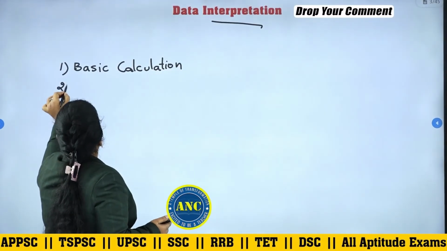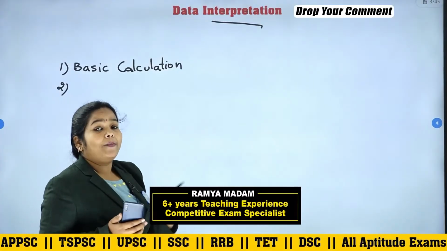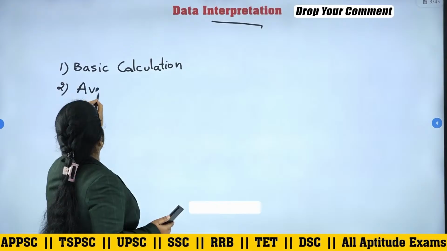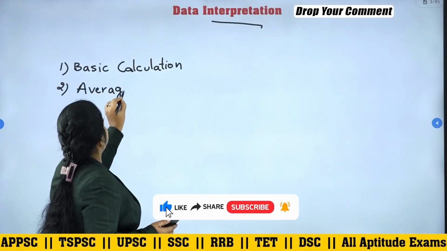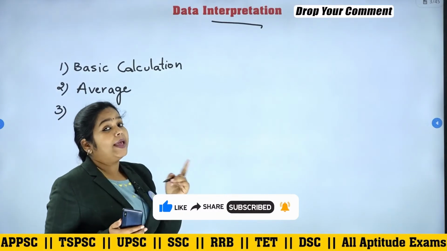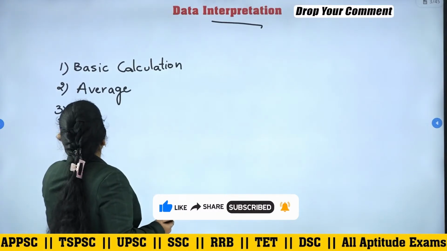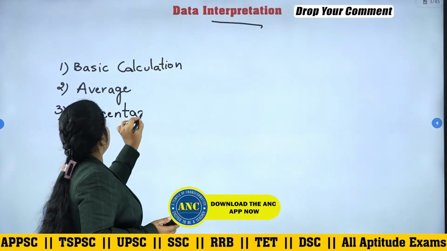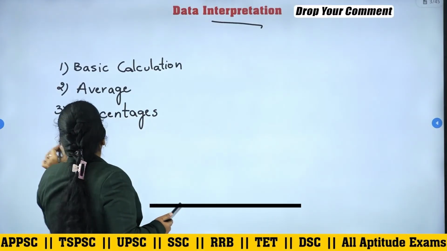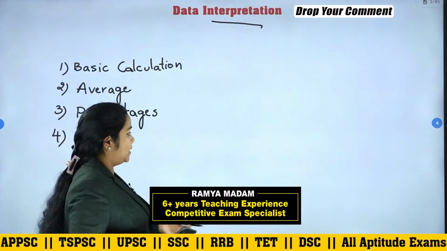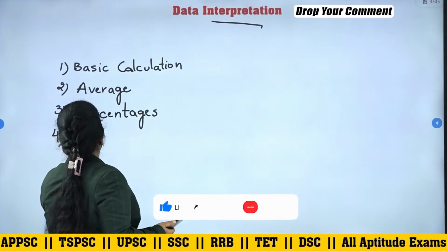Second, we need to understand the basic concepts of average. Third, we need to understand the basic concepts of percentages. And we'll have some questions to analyze in the form of ratios.